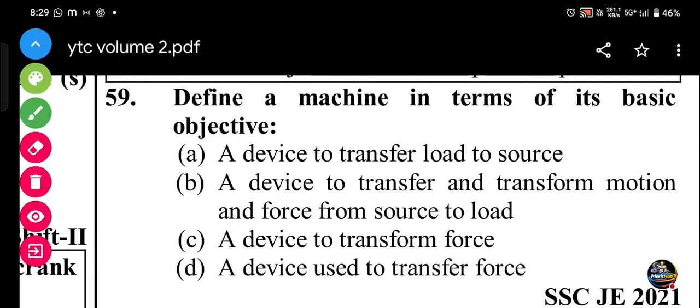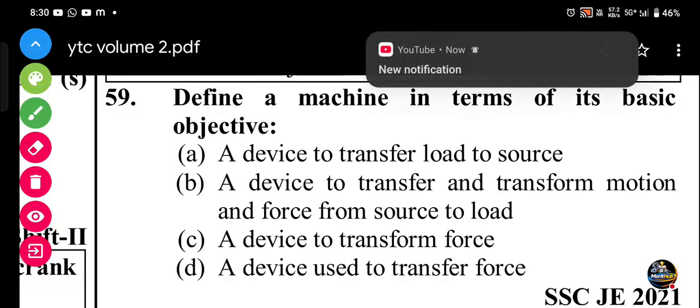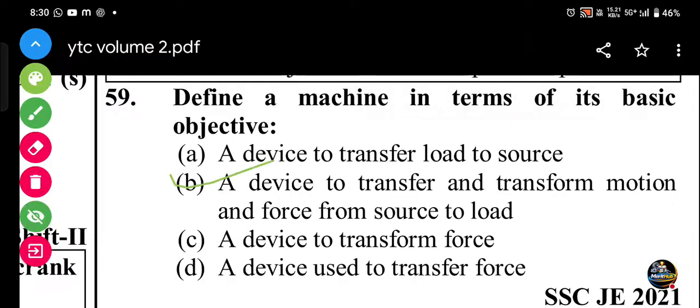Define a machine in terms of its basic objective. A device to transfer the load to source; a device to transfer and transform the motion and force from the source to load; a device to transform force; a device used to transfer force. B is the answer: a device to transfer and transform the motion and force from the source to the load.